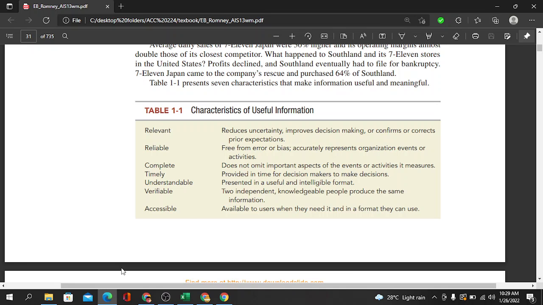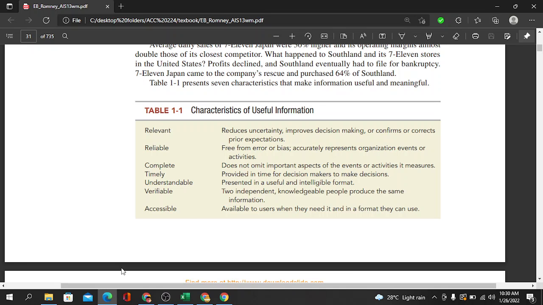Pwede natin siyang gamitin. Still relevant pa rin siya kasi may mga basis, may mga reviews, may mga literature na given. So, you can use literatures to get some relevant information. And reliable naman din siya kasi siguro may na-conduct silang researches. Mga ganun na situations.